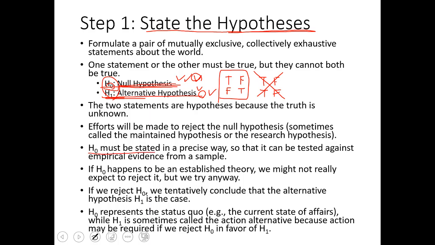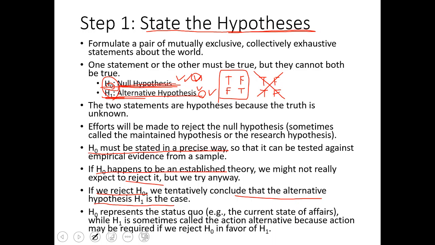Of course, the null hypothesis must be stated in a precise way, so it should not be vague or redundant. Okay, and it is more of a philosophical area. If we reject the null hypothesis, then the alternative hypothesis is the case.